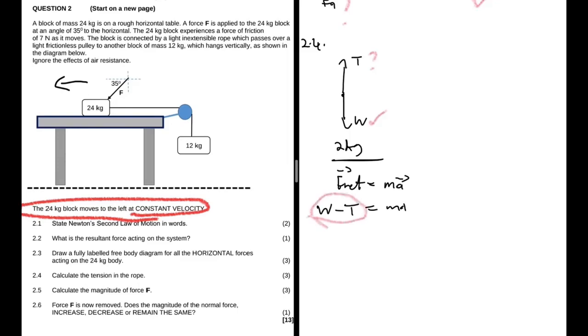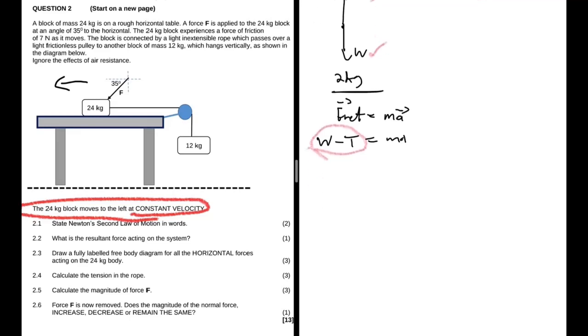So the order really doesn't matter, but usually I start with the bigger force and subtract all the other forces. So what is the weight? The weight is 12 times 9.8, minus tension, being equal to 12 multiplied by 0, because we know that it's moving at a constant velocity.